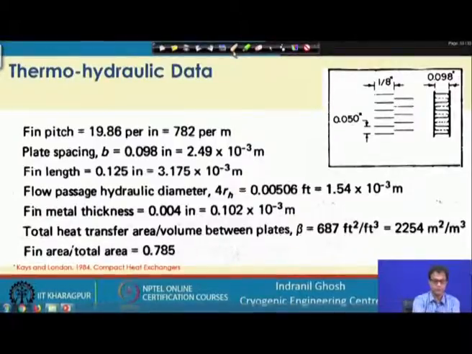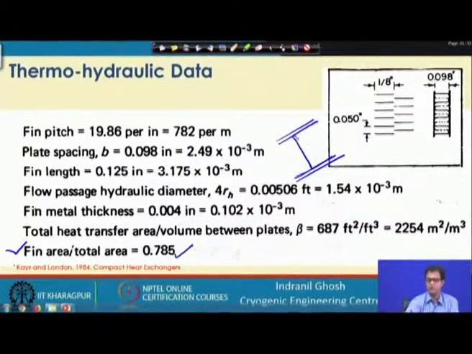If you look into this parameter, we will come across this value when we talk about the overall fin efficiency of the heat exchanger. If you remember, there are two plates connected, between them there is a fin, and we have eta f, the fin efficiency of a single fin, but it is not a single fin, there are multiple fins.